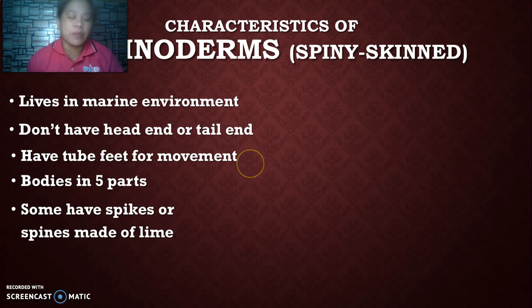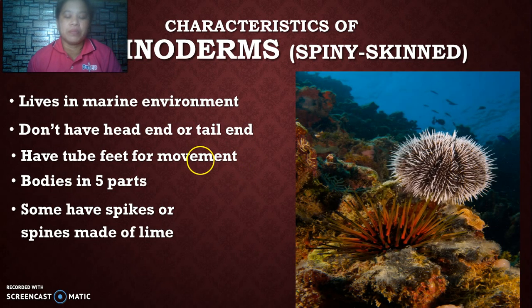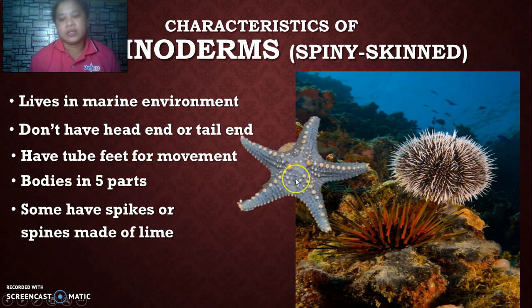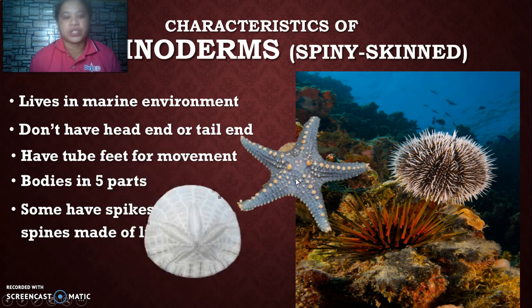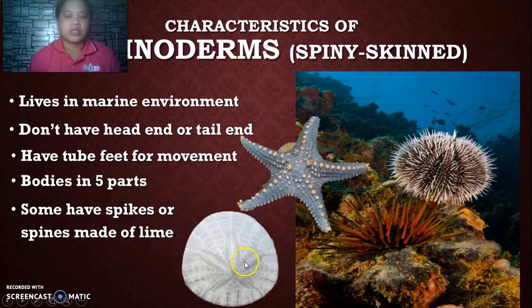Their body is in 5 parts. Some have spikes or spines made of lime. Examples of that are the sea urchin, the starfish, and the sand dollar.